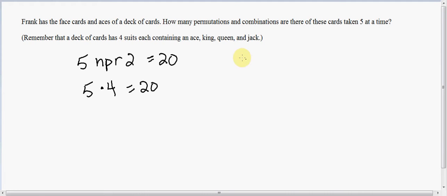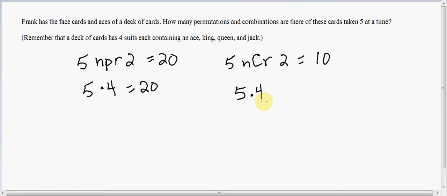For combinations, let's say we had 5 nCr 2. We'll go with 2 again. You could use your calculator, type 5, hit the PRB button, scroll over with the arrows to nCr, and type in 2. If you do that, you get 10. Or you could do the paper and pencil method, which you start out with 5 and go down to the next number, 5 times 4, and multiply that.